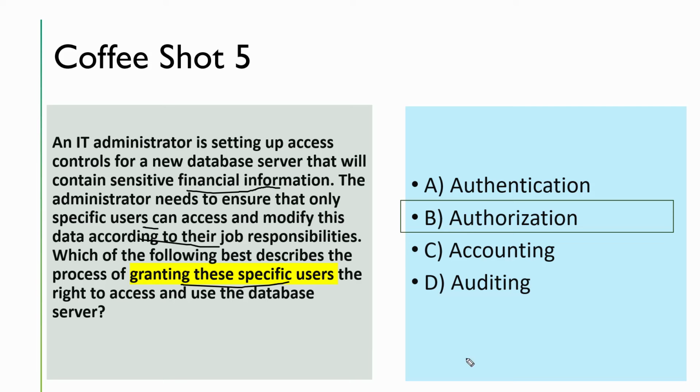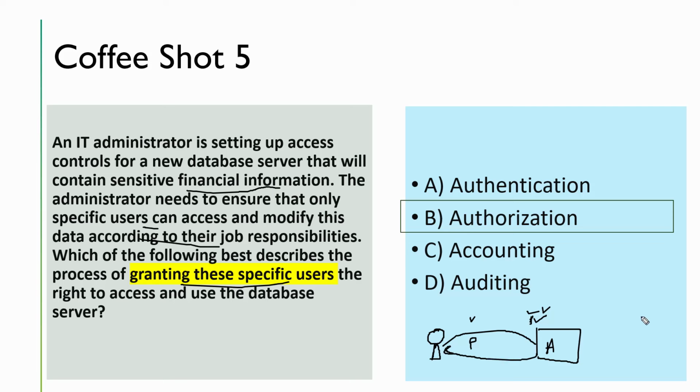If you go by the logic here, we have a user. Now the user wants to access this particular system A. When the user tries to access the system, they enter the username and the password. The system verifies the username and the password, and after that gives the resource access.